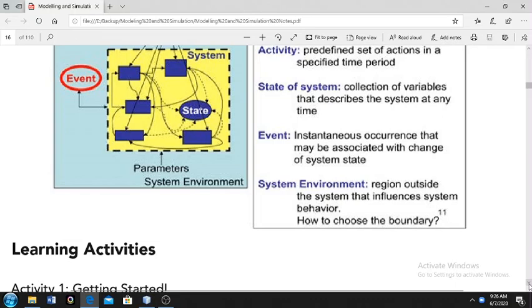System environment: the region outside the system that influences the system behavior. A system is a closed entity, just like you see in use case diagramming. The use case diagram depicts it very well. You have the system internals, and outside the internals of the system, you have the actors.